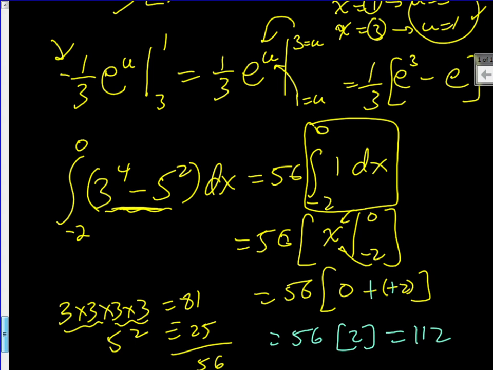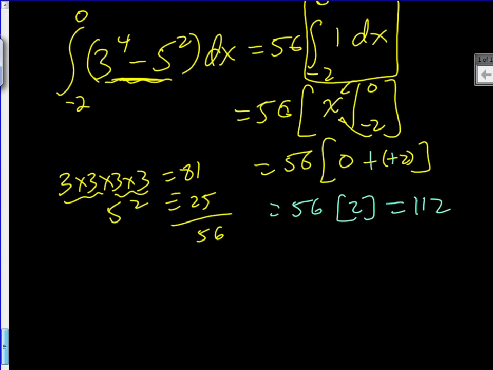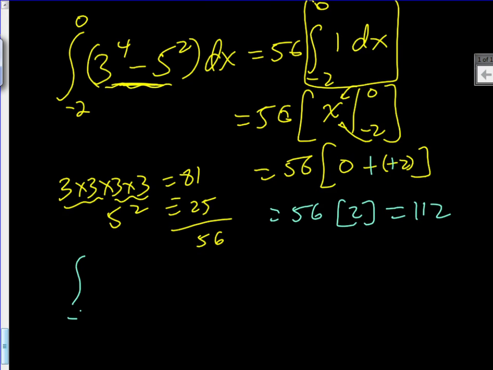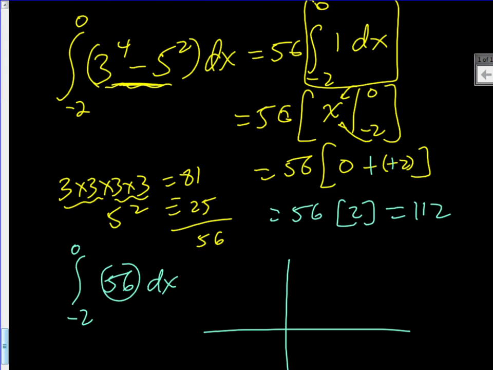And you know, this makes complete sense. We're integrating from negative 2 to 0 of 56 dx. Well, that's the function. It's a constant. It's always y is 56. And we want the area between here and here under this curve. That curve is a straight line. This is a rectangle.